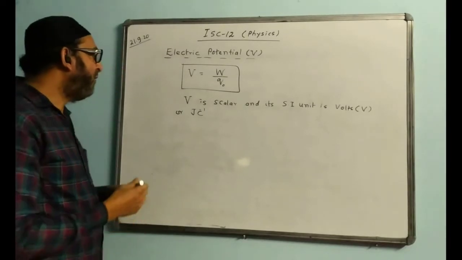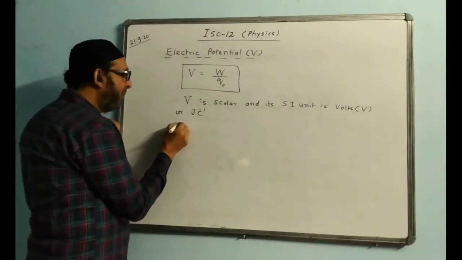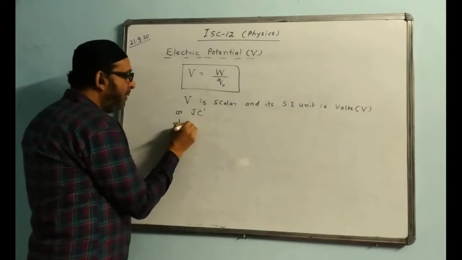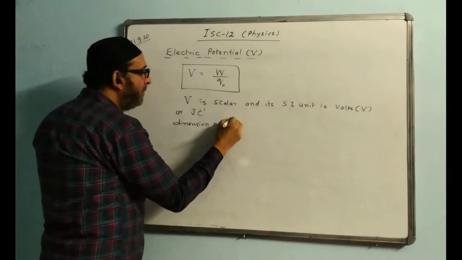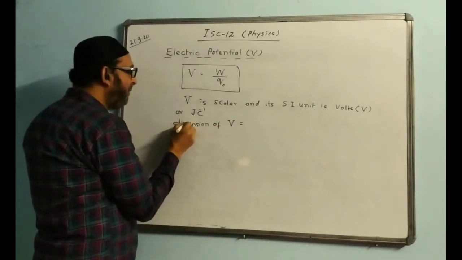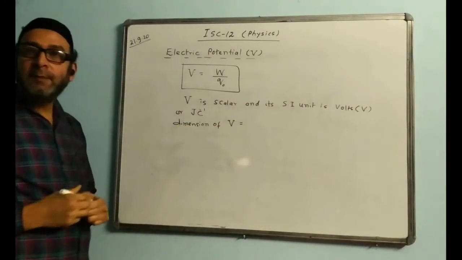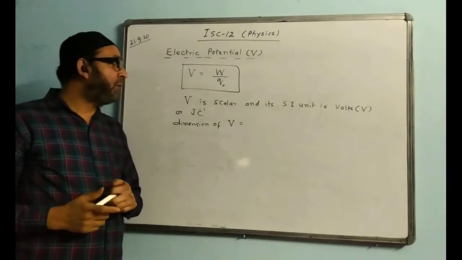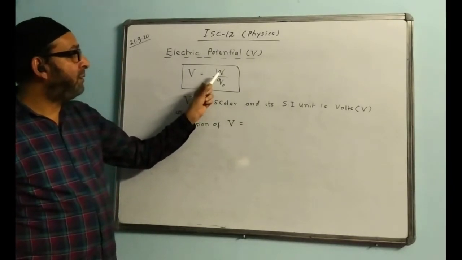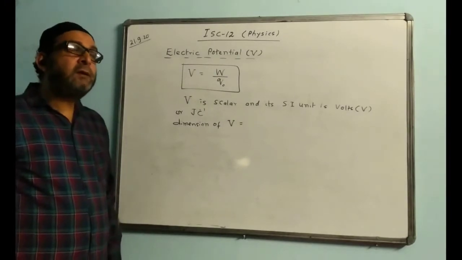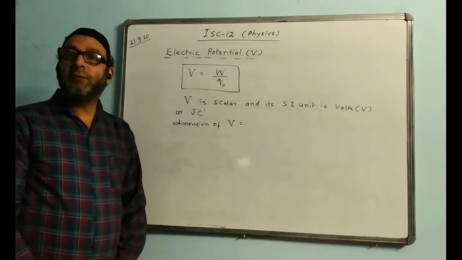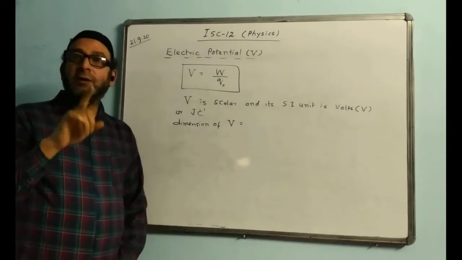Now we find the dimension of V, the dimension for electric potential. What will be the dimension of electric potential? We will look at the definition and the formula: W by Q naught, work by charge. The dimension for work is force into distance.